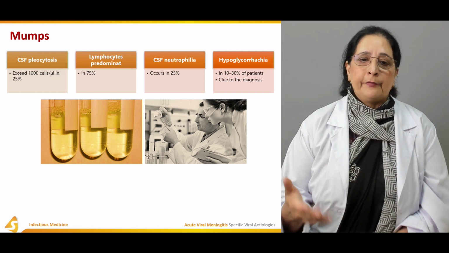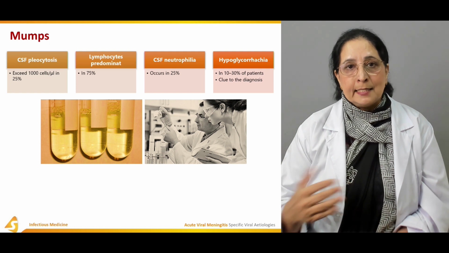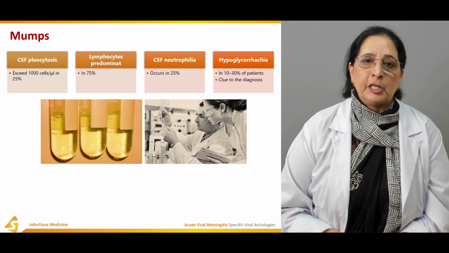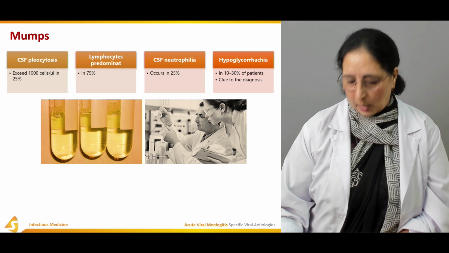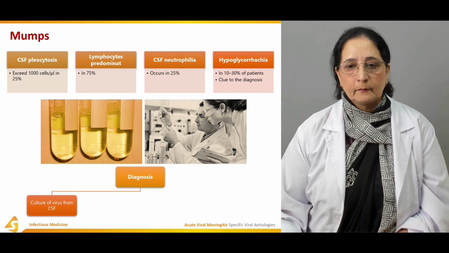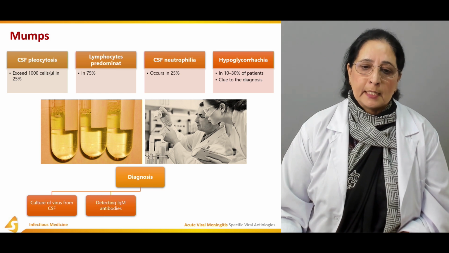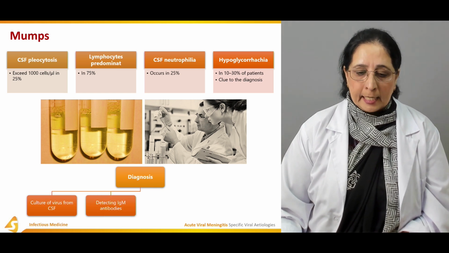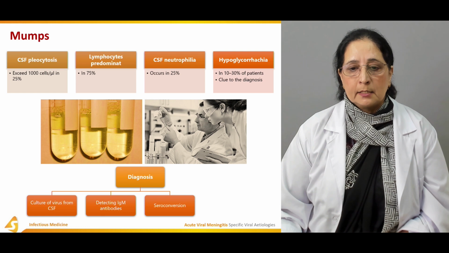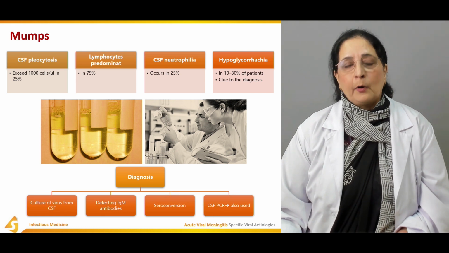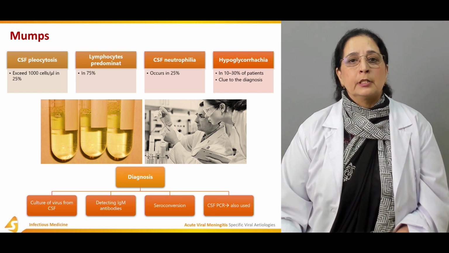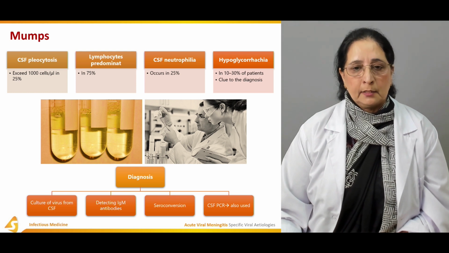So these are different findings at the cell level if the infection is due to mumps virus. Diagnosis is culture of the virus from CSF, detecting IgM antibodies, seroconversion; polymerase chain reaction can also be used.